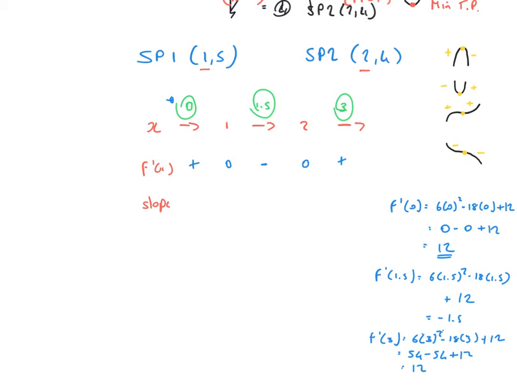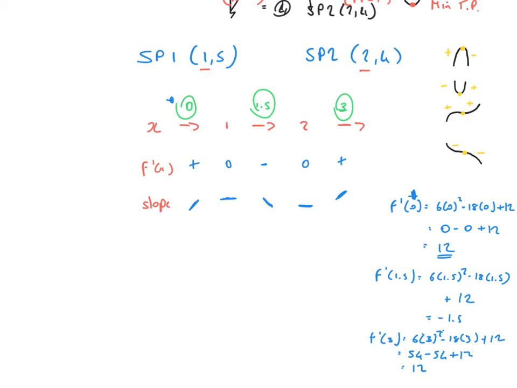So what do I know then? Well, I've subbed in 0 into the gradient function, and I know that it's going up. So the slope goes up, and then at 1 that's a stationary point, a point of 0 gradient, the curve goes along. And then when x equals 1.5, the gradient is negative, so it's going down. And then it goes along again at 2, that's a stationary point, and then the gradient was positive again at 3.